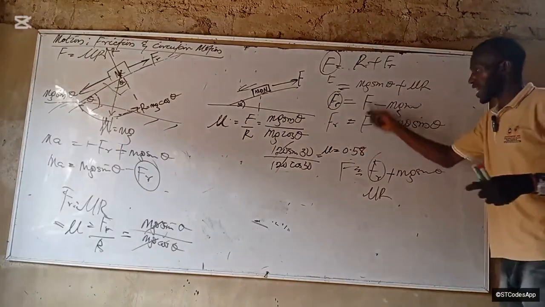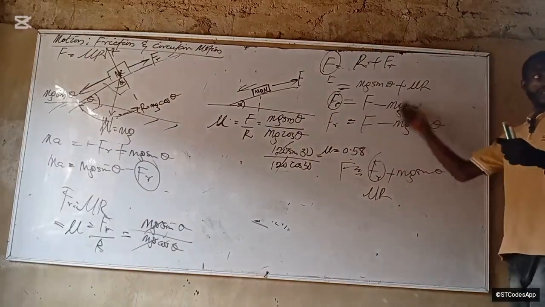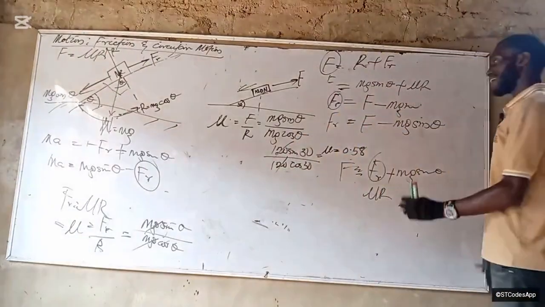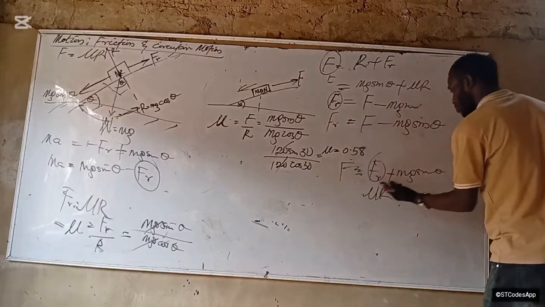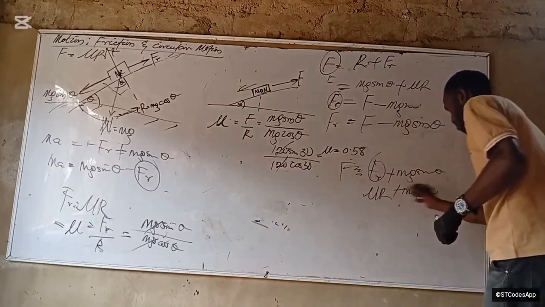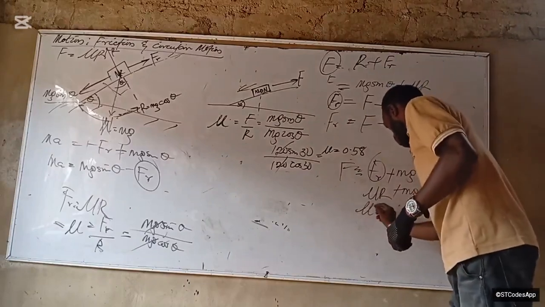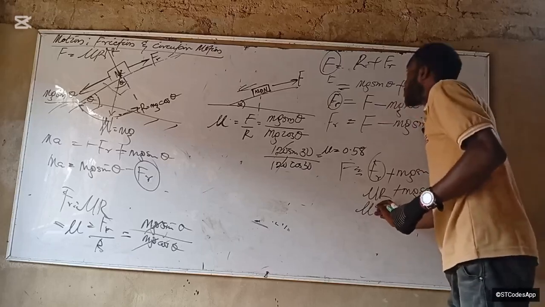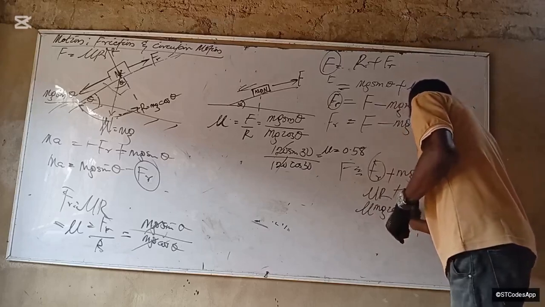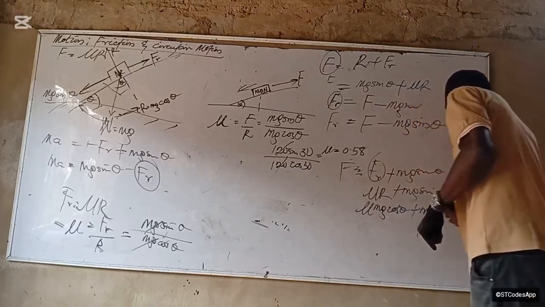Is going to be the force that leads minus the force that is not in the direction of motion, which is acting downward. So to get this force that leads, is going to be frictional force plus mg sine theta. And frictional force is mu R, right? So mu R is going to be mu times mg, what is R? Mg cos theta, plus mg sine theta.